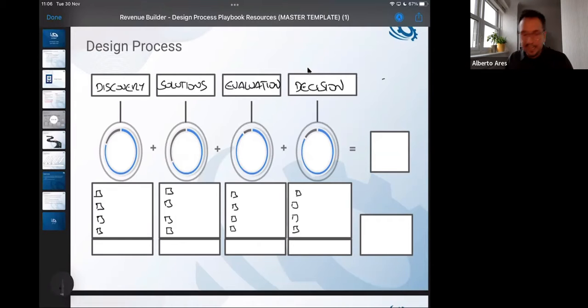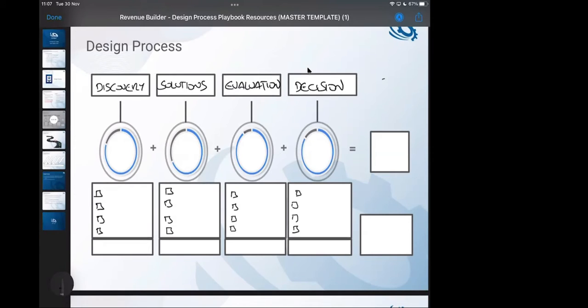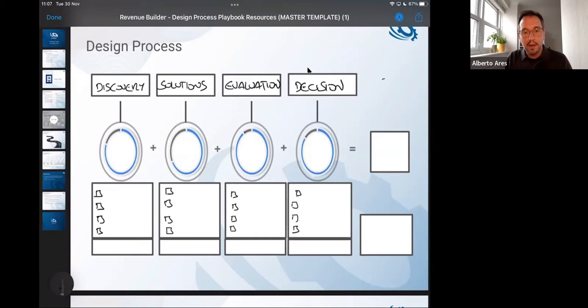The idea is to know what steps we need to go through to close that deal, right? And some of these steps are going to carry a probability, which by completing the step will increase the likelihood of progressing that deal.